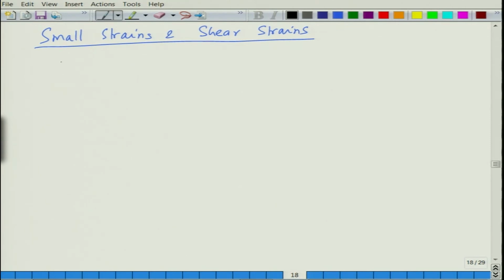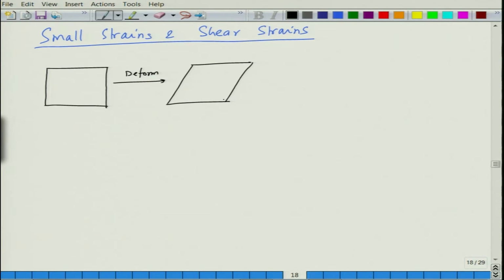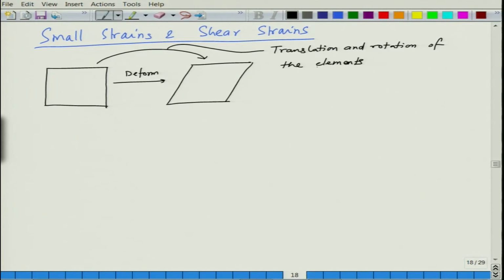Generally when a body deforms, let us say this body, it may convert to a shape like this. But the process through which this happens involves both translation and rotation of the elements or body parts.